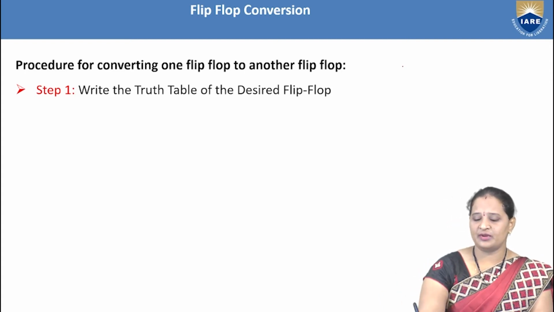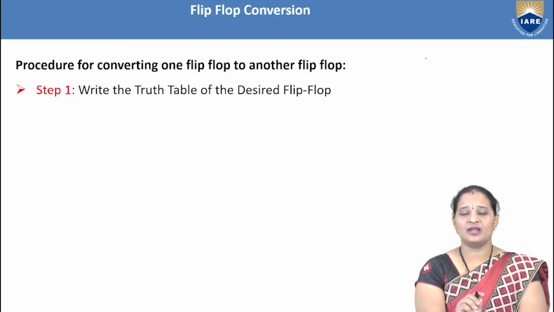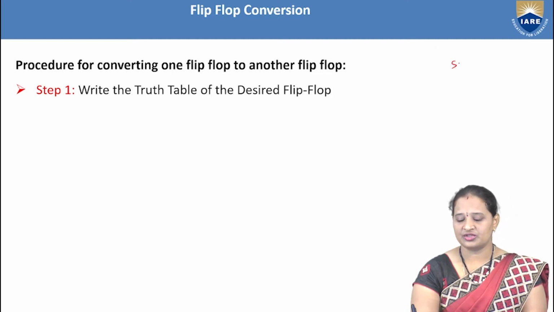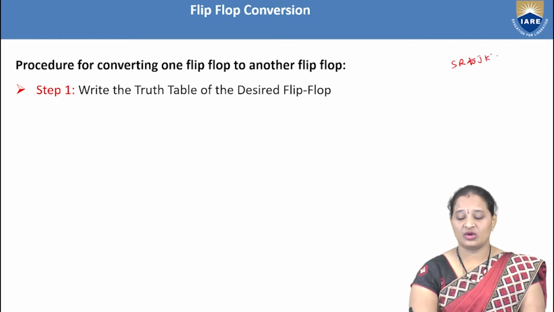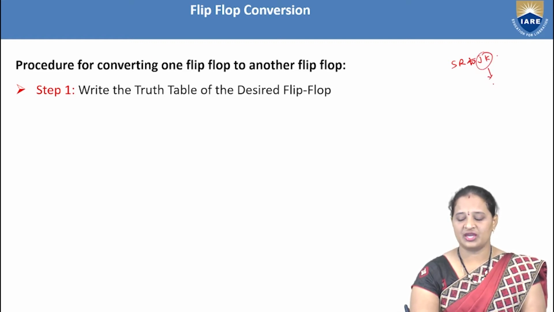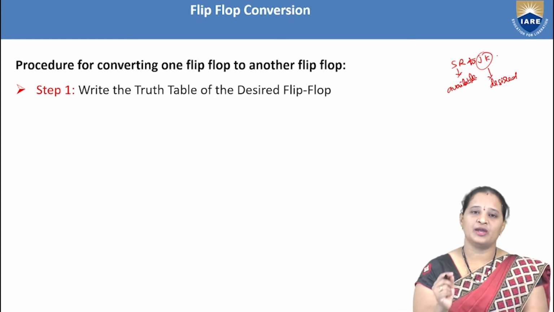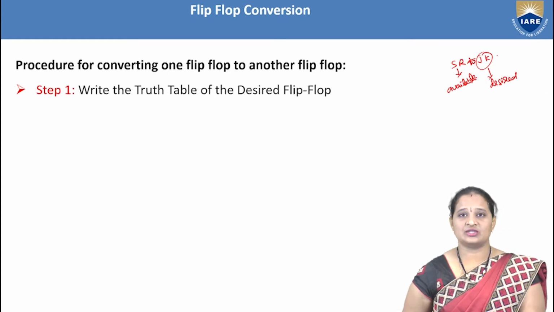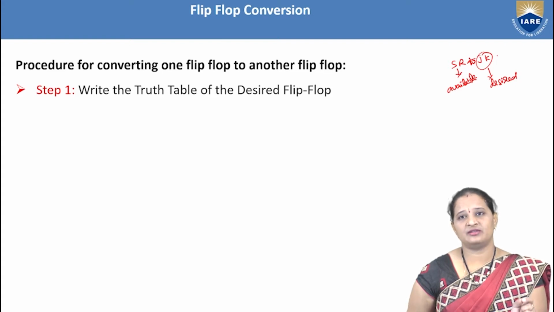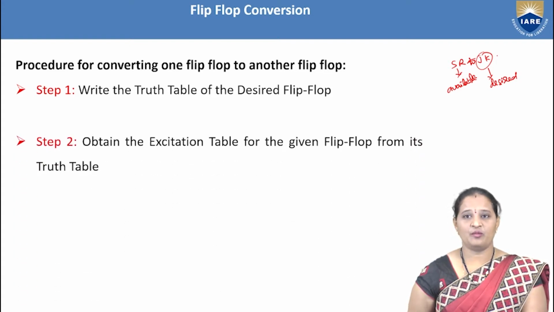For example, if we are converting an SR flip-flop into a JK flip-flop, the JK is the desired flip-flop, whereas SR is the available flip-flop. So I want to convert an SR flip-flop into a JK flip-flop. My desired flip-flop is JK and the available flip-flop is SR. So the first step is to write the truth table of the desired flip-flop.